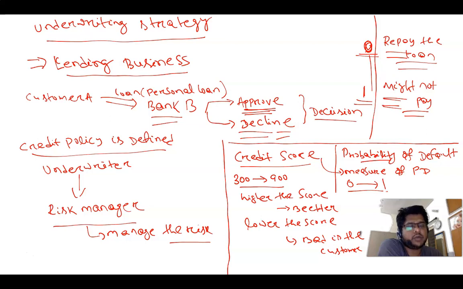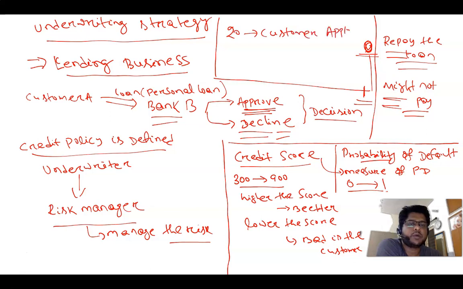So that means the bank knows that if 20 customers come and apply for a loan, and the bank has set the target that it has, for example, 10,000 rupees to give, and each one applies for 5,000, then out of 20 the bank can give loans to 2 customers.